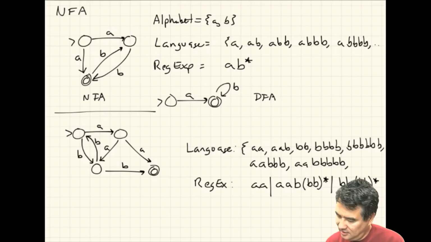What about BA? Does that work? So we start here and we go B. No, I don't think BA works. We go B, and then there's no A transition here, so we're kind of stuck.